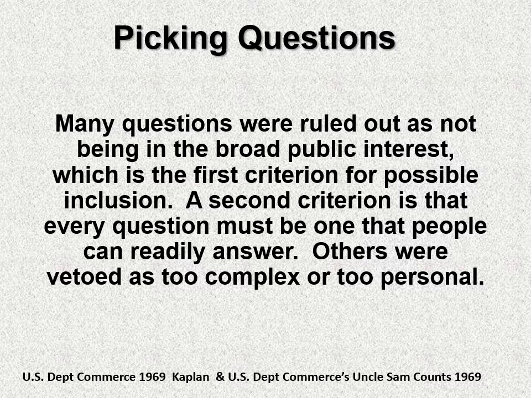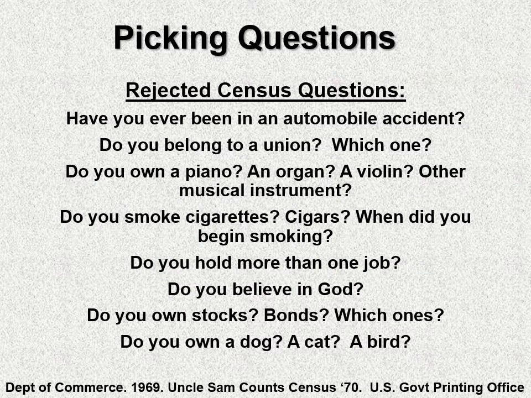A second criteria was there must be something that people could answer. Some were vetoed as too complex or too personal. So in one of the publications on the bottom, the rejected census questions, you could read them. Things like automobile accidents, musical instruments, smoking.